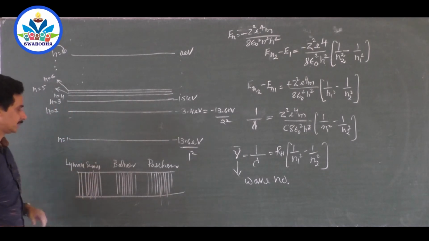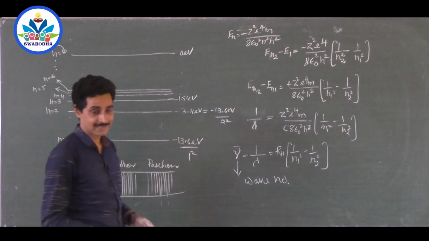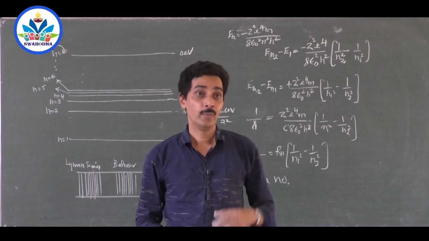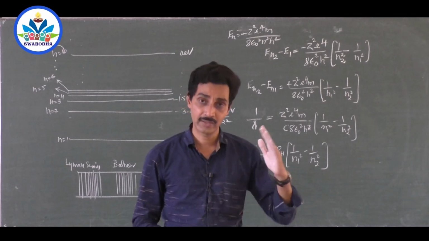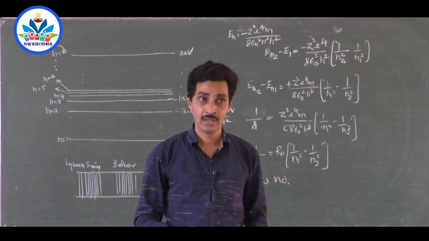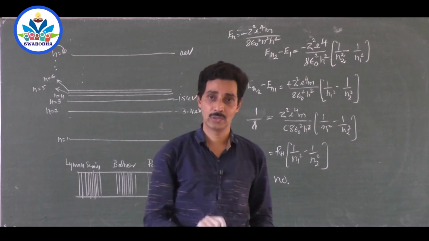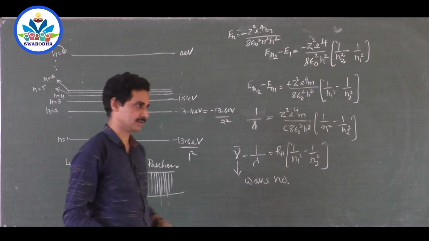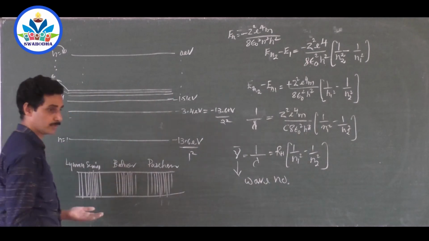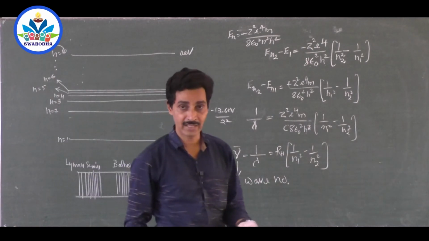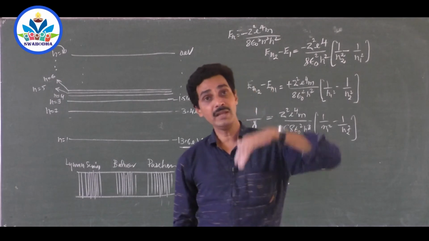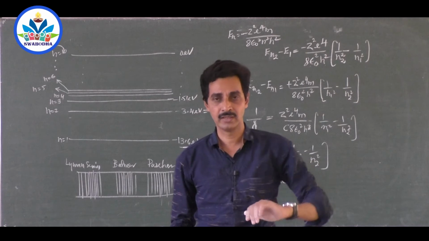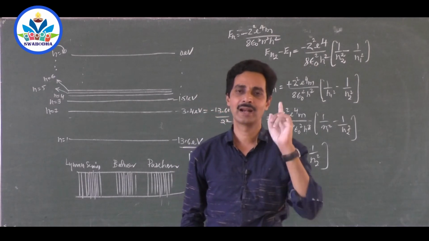Now, Bohr gives the explanation like this: the electron is in the ground state, say, it absorbs energy, goes to any of the higher orbits. When it jumps back, it may give different values of energy depending on which is the higher energy state and which is the lower energy state. Suppose an electron jumps to the ground state itself, N equal to 1, from any of the higher energy states, from 2 to 1, 3 to 1, 4 to 1, infinity to 1, then it comes under Lyman series.